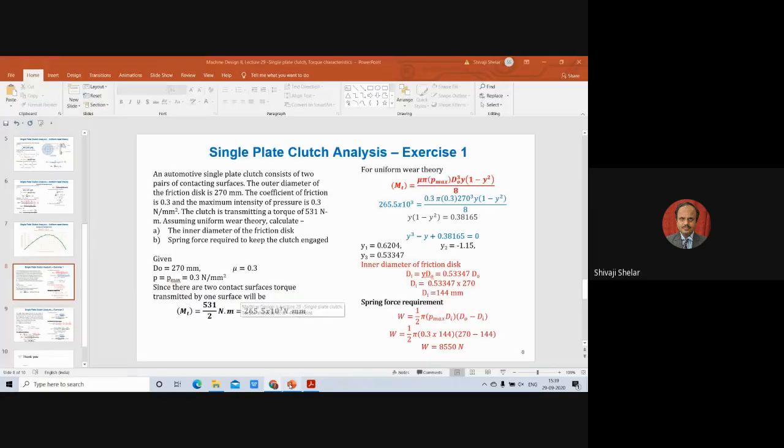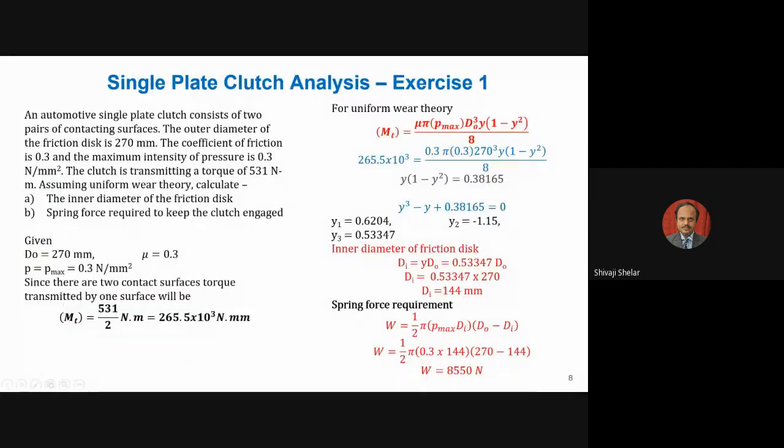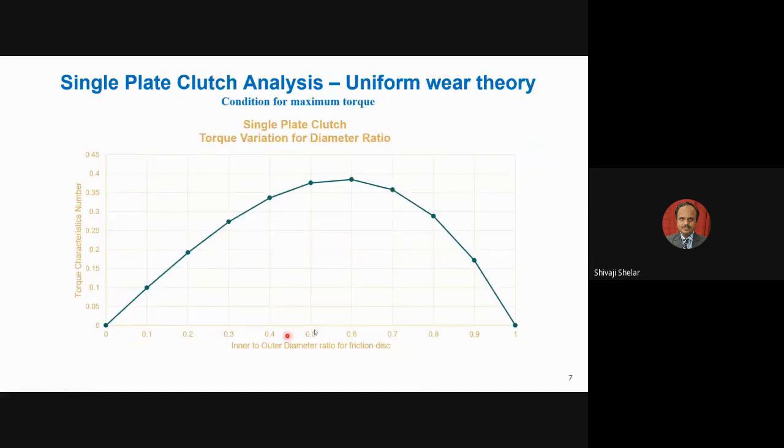Let's go to the presentation. Now let's check this value. We have y1 value as 0.6204. Y2 value was minus 1.15 and y3 value was 0.53347. Now since the y factor, if you see your diagram, your y factor is here.